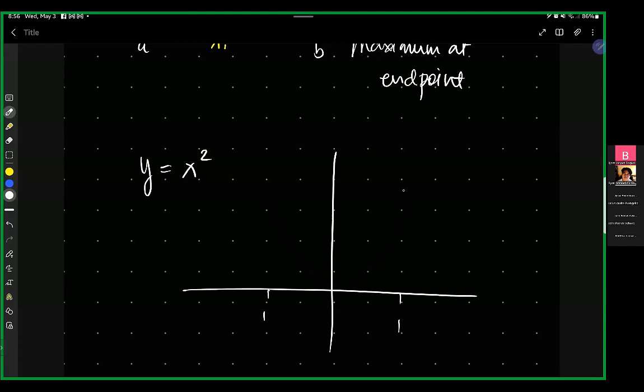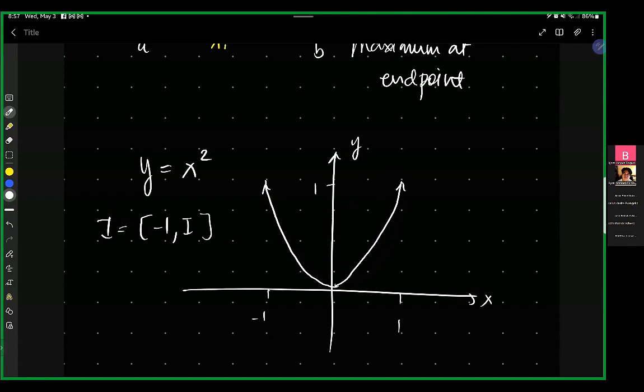So ano kayang case nito kapag ganito yung kino-consider natin? Paano kaya natin i-describe yung function na 'to? May nakakaalam ba kung saan yung maximum and minimum niya? May makakapagsabi ba sa'kin kung anong klaseng maximum and minimum meron ang y equals x squared, where the interval is -1, 1?